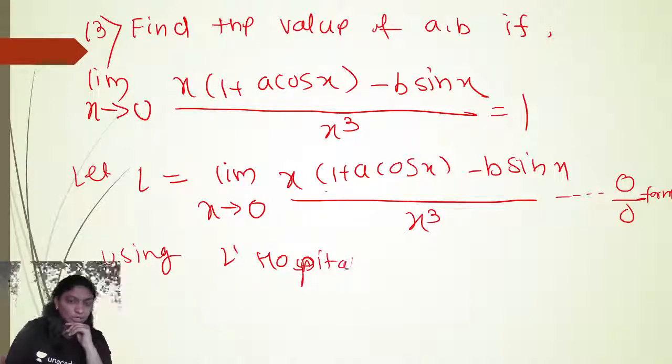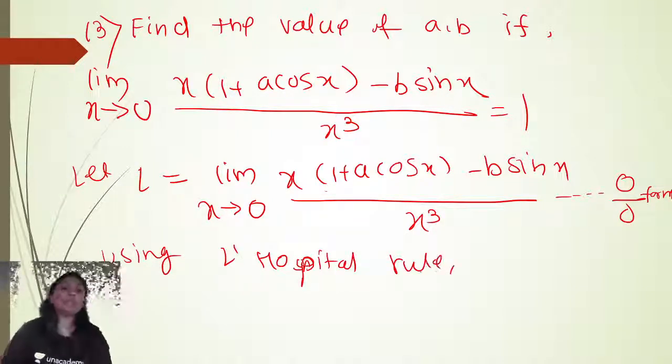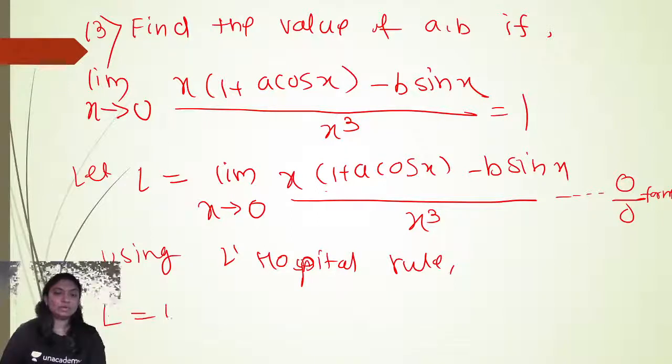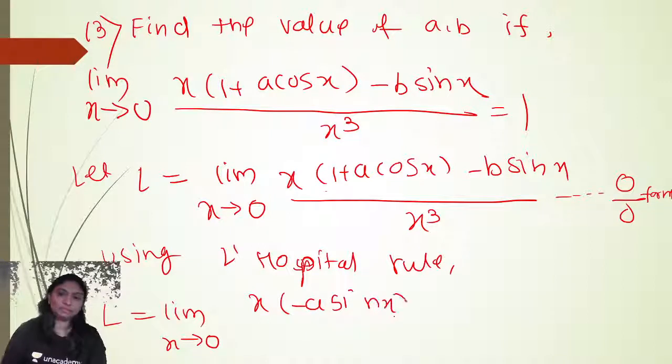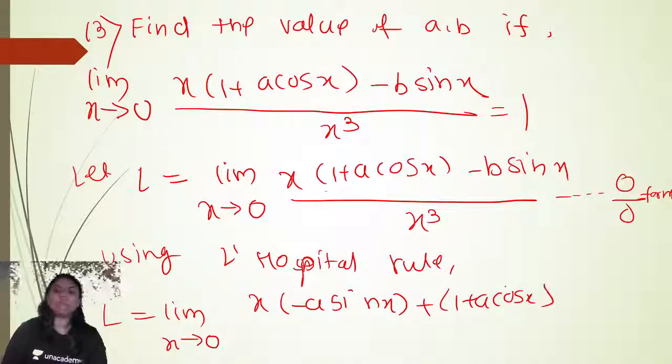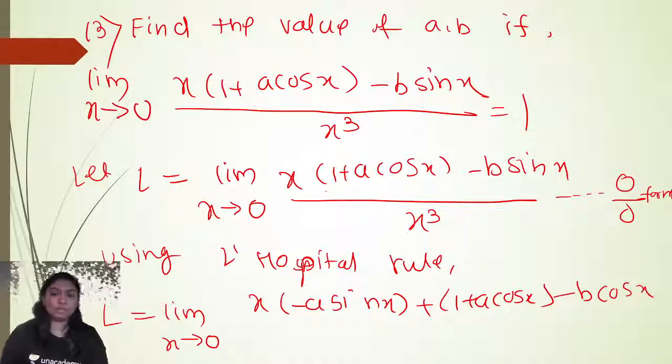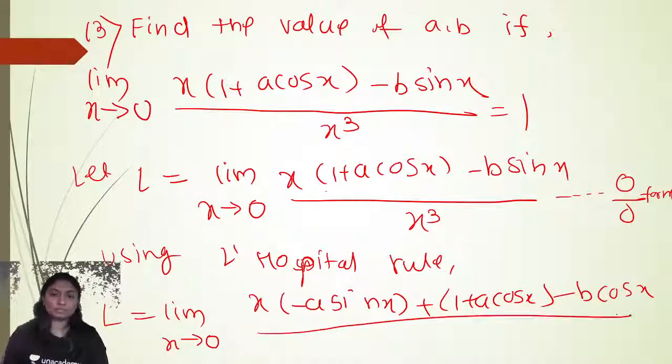Using L'Hospital rule, we have here L is equal to limit as x tends to 0, first into derivative of second, that is minus a sin x, plus second into derivative of first, that is 1 plus a cos x minus b cos x, right, upon 3x square.